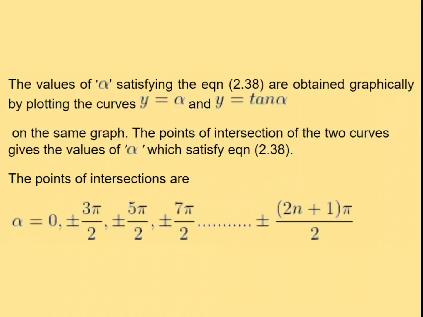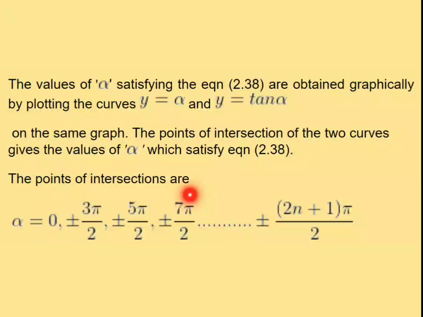Here, the value of α satisfying this is found graphically by plotting the curves y = α and y = tan α on the same graph. The value of α is obtained at the point of intersection of the two curves.